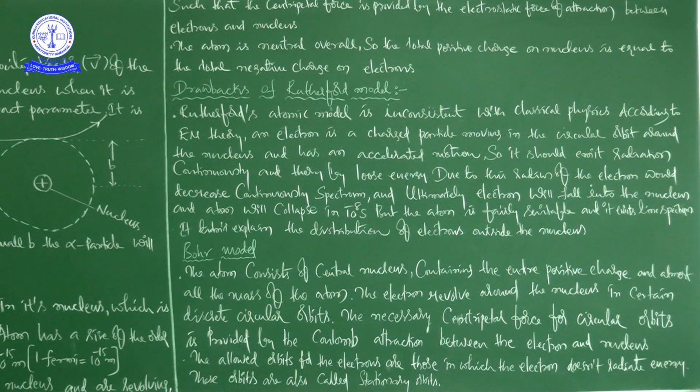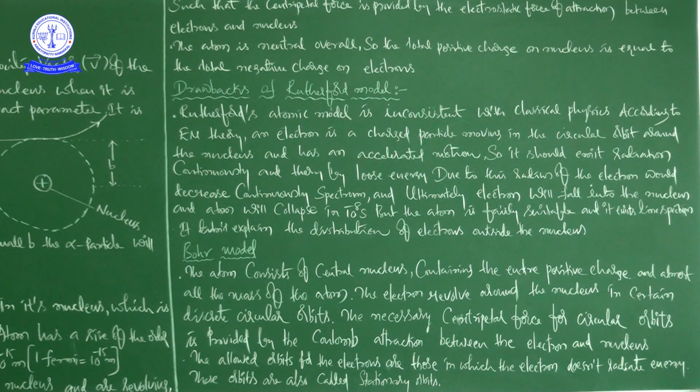When the electron loses energy due to the accelerated motion around the nucleus, it has to fall towards the nucleus. When it falls into the nucleus, the atom has to collapse in 10 to the power of minus 8 seconds. But in practice, the atom is not collapsing. The atom is fairly stable and it emits a line spectrum.